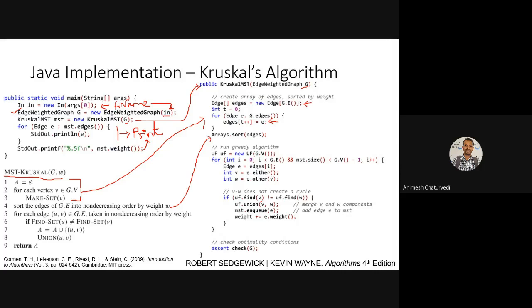So you call a class or data structure already defined as UF, union and find, and you pass the graph G to it. Thereafter this loop will run as long as the size of the MST is less than the number of vertices minus 1.